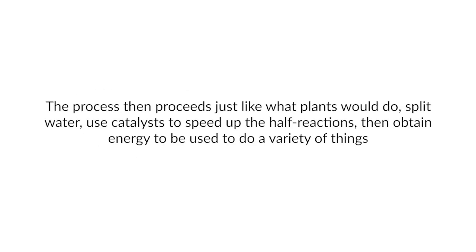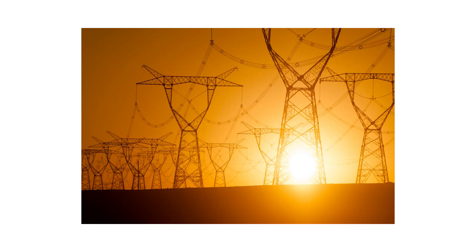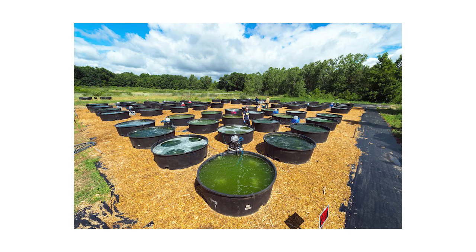The process then proceeds just like what plants would do: split water, use catalysts to speed up the half reactions, then obtain energy to be used to do a variety of things, from fueling vehicles to generating electricity for the grid, and to serve as feedstock for the generation of other complex fuels.